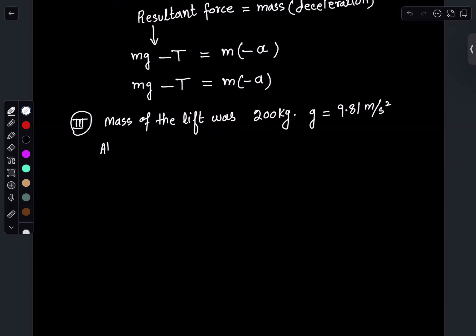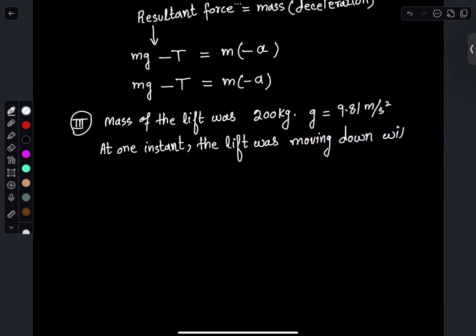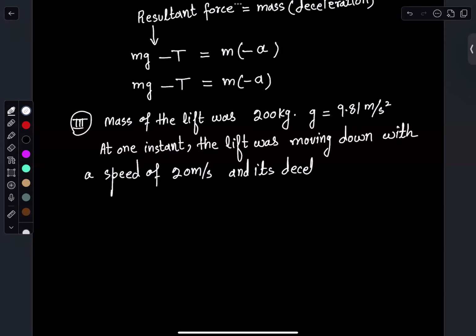At one instant, the lift was moving down with a speed of 20 meter per second, and its deceleration was 3 meter per second square.